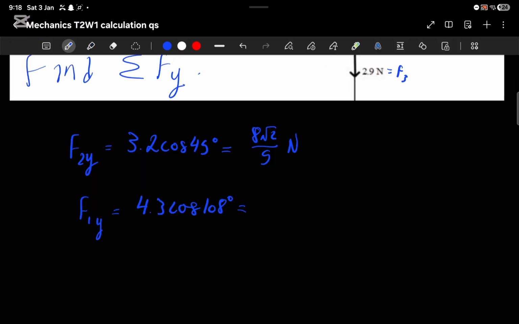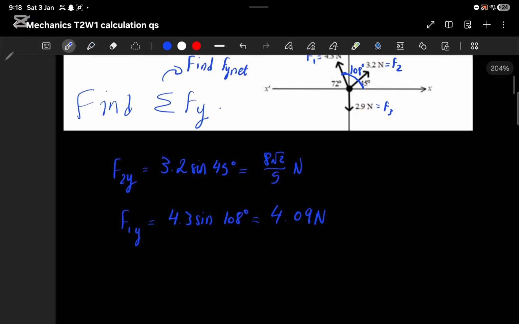Okay, I just realized I made the same exact mistake I did the last time. This is sine, not cosine. And this is also sine. Remember, y is sine. So 4.3 sine 108 is 4.089. Do we just round to 4.09? Let's round to 4.09. Doesn't make that big of a difference.